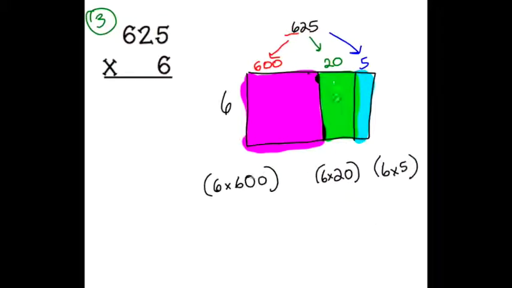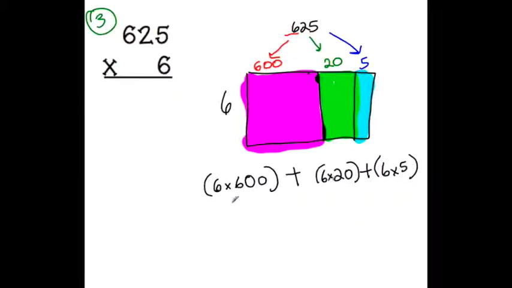So now I have one for each box, and once we find the answer for each of these, we're going to add them, right? So we need a plus sign. So here's what your equation should look like. Does it match? Hopefully it does. It should say 6 times 600 plus 6 times 20 plus 6 times 5.